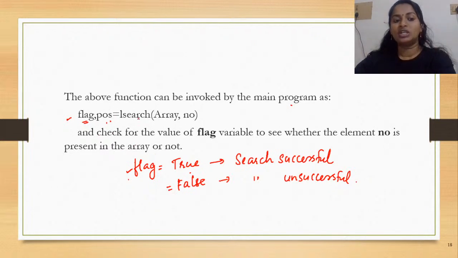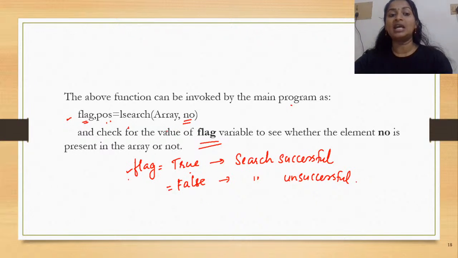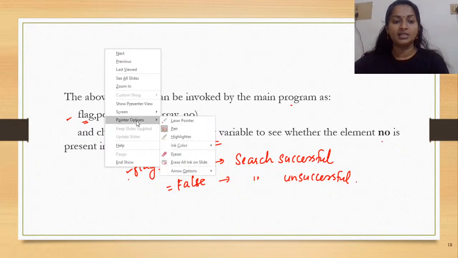So after the function invocation or the function call statement, you need to check the value of the flag variable. This checks whether the element NO, which is the value that you are going to pass, so these are the actual arguments, is present in the array or not. This is how you perform the linear search.